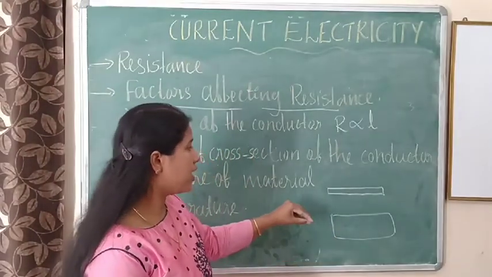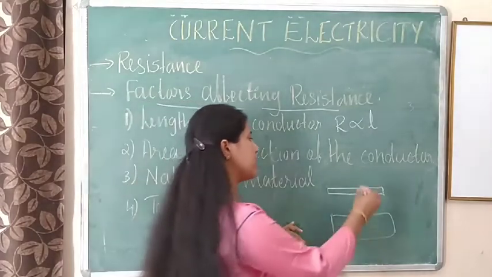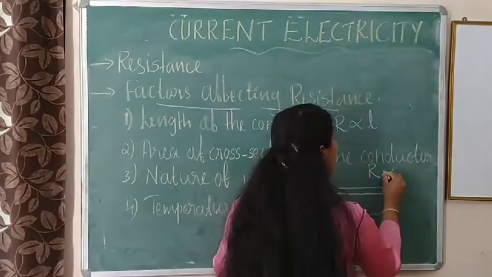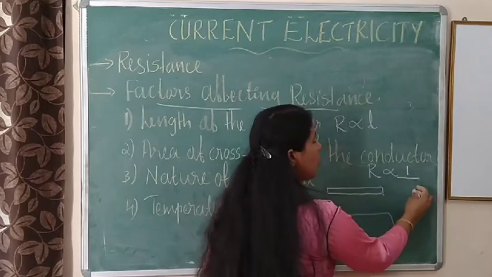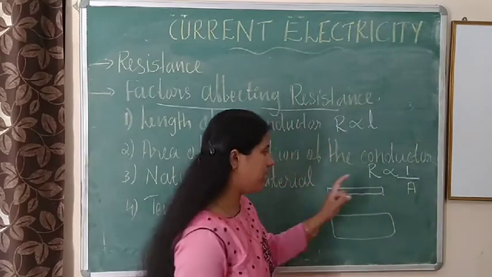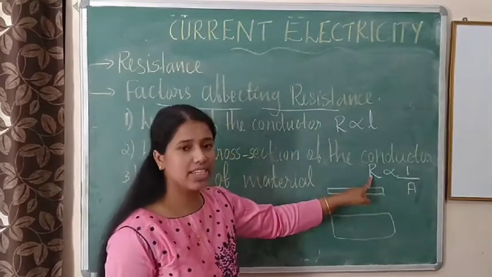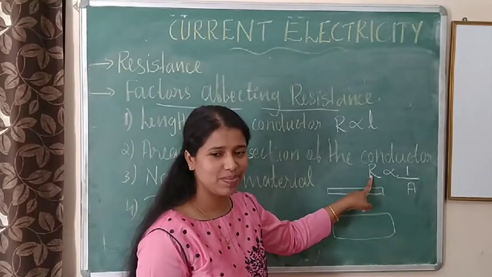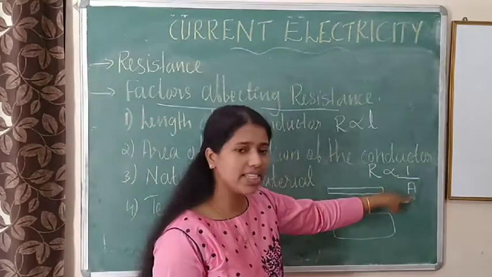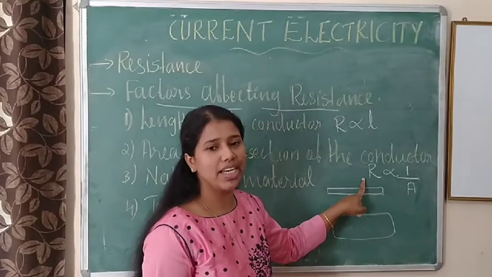Here resistance is inversely proportional to, the reciprocal of, area of cross section. That means if area decreases, resistance increases. If area increases, resistance decreases.